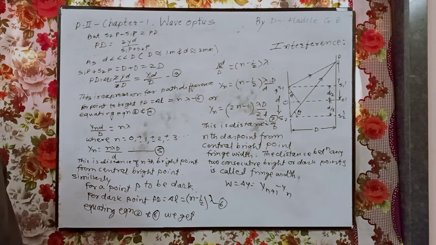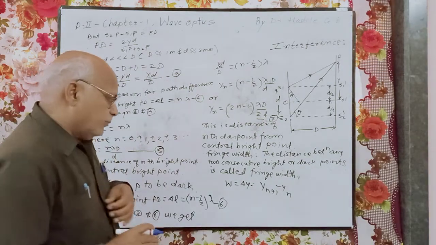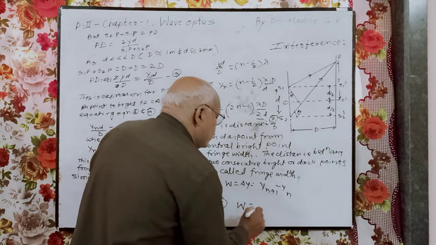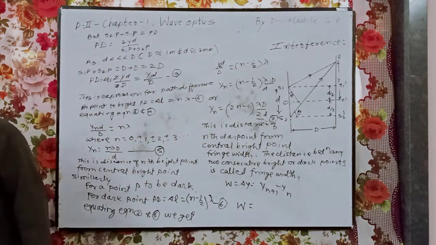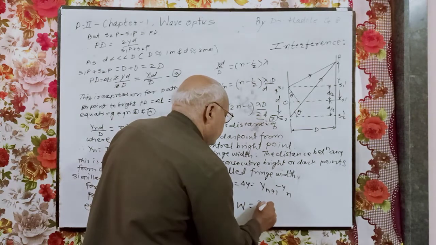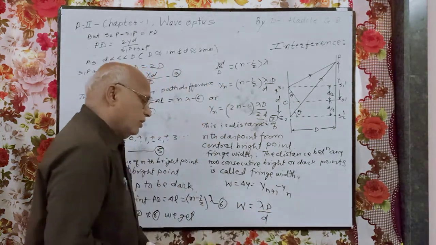Next, if we determine this value for dark point or bright point, this fringe width is equal to W equal to lambda into capital D upon small d.